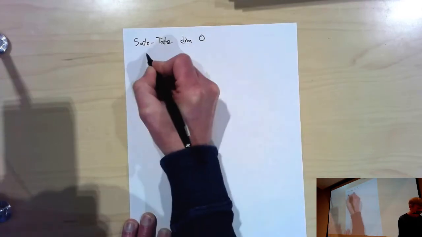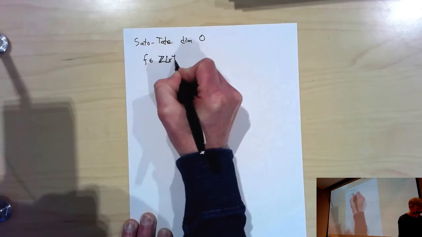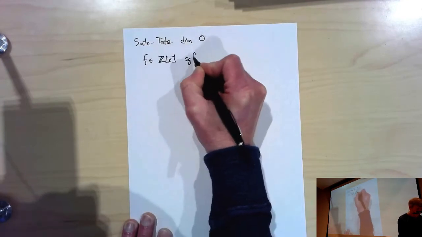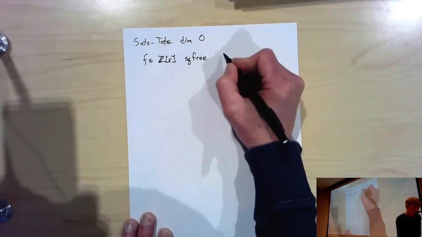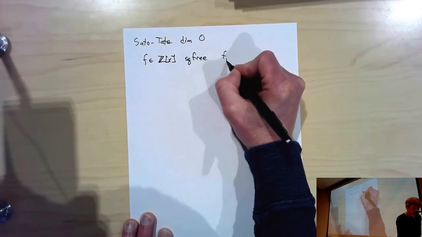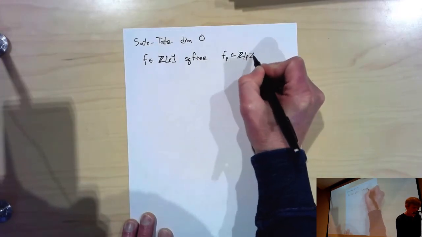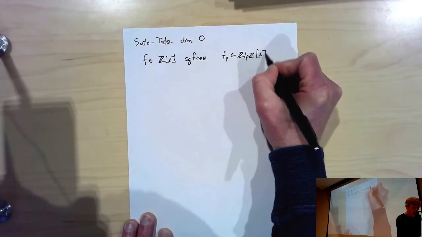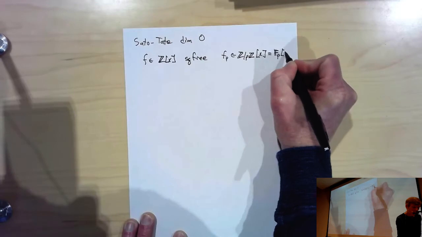So we're going to start with a square-free polynomial with integer coefficients. Call it f. For each prime p, we can reduce the coefficients of f mod p. We'll get a polynomial over the ring Z mod pZ, which we'll identify with the finite field with p elements.